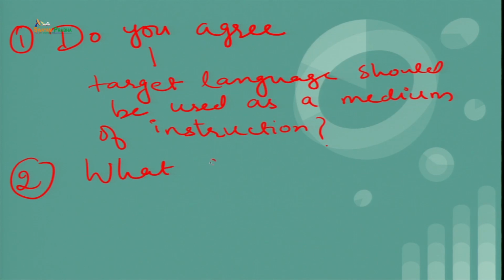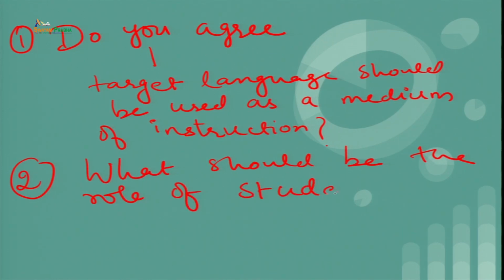Should they be given an equal opportunity to participate in real life situations, or should they be guided with only literary texts or pieces? So I'm writing over here, what should be the role of students and teachers?